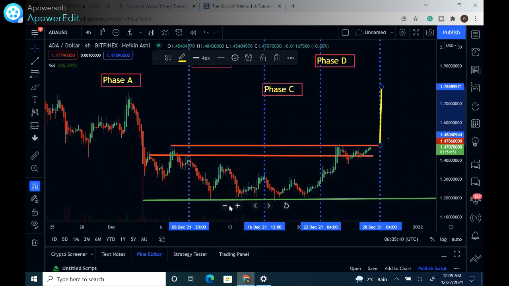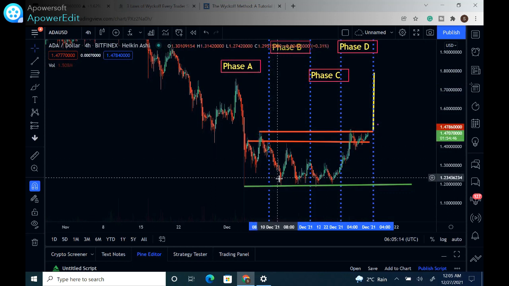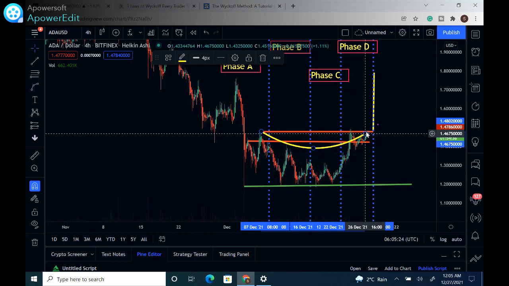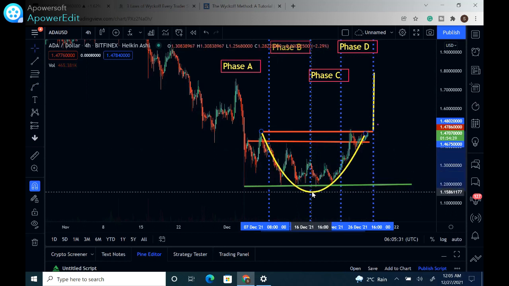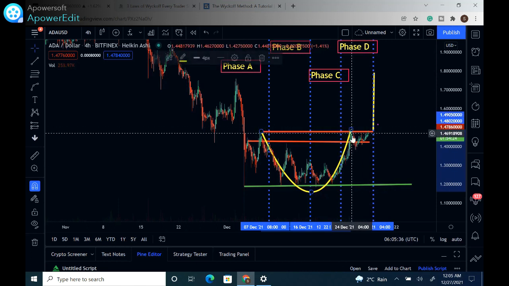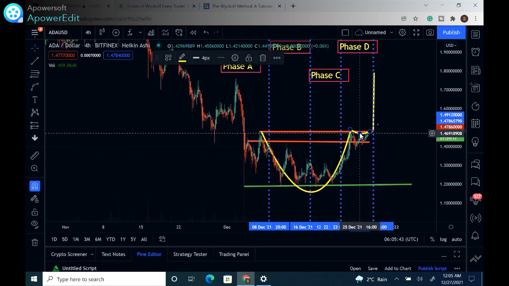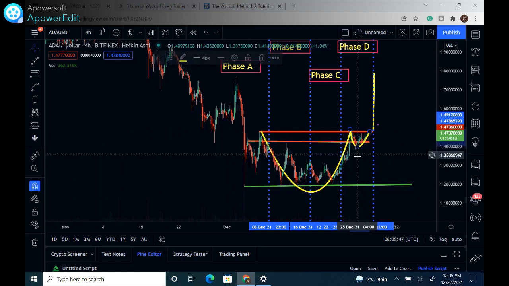On the other hand, you can consider this a cup and handle pattern. Like this, if this is the cup, and this would most probably be the handle of this curve.